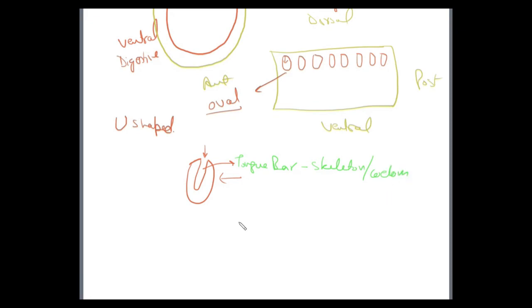In doing so, every gill slit becomes a U-shaped structure. So there is a series of U-shaped structures on the dorsolateral wall of the pharynx. These look like this.